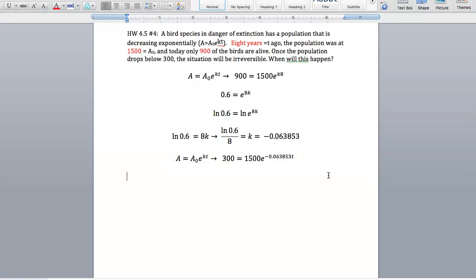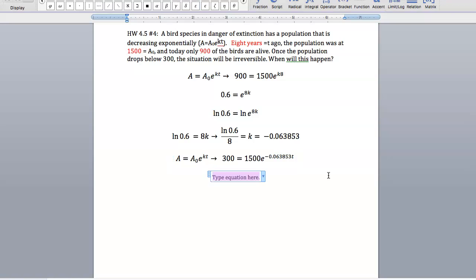Next thing I'm going to do, I'm going to divide by 1,500 on both sides. 300 divided by 1,500 is 0.2 equals, and I'll just have the exponential part, and I'm so glad I copied and pasted. Now, just like we did up here, we're going to take a natural log on both sides of this equation.